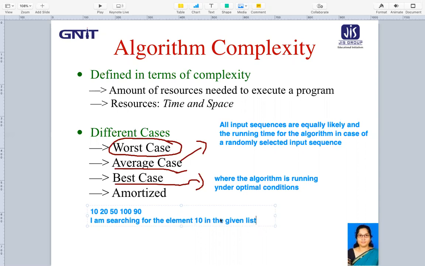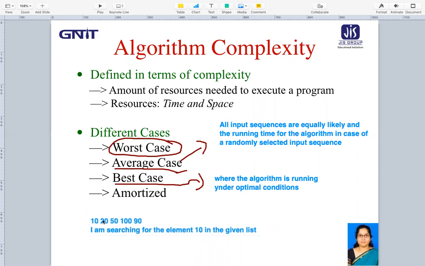If we implement this in terms of an array and run a loop for i equals 0 to i less than or equal to 4, and start comparing, I will find it right at the first position of the list.